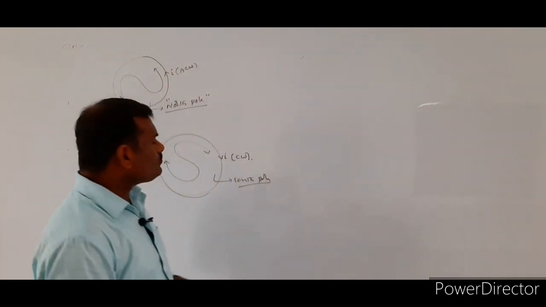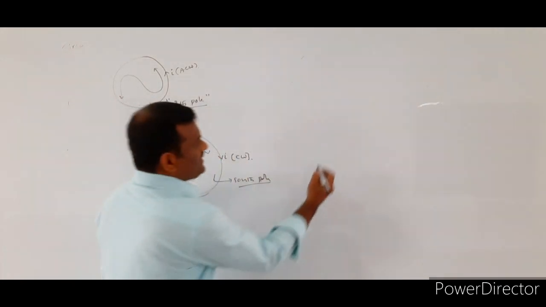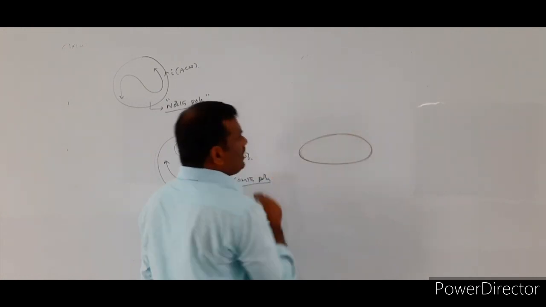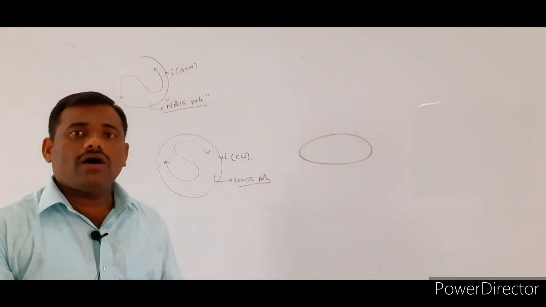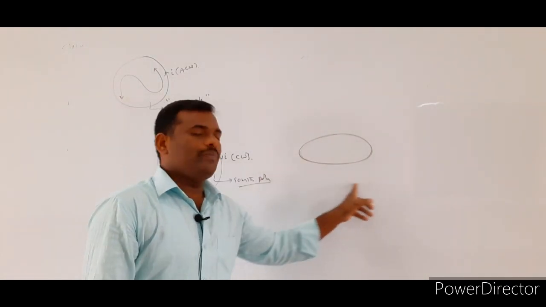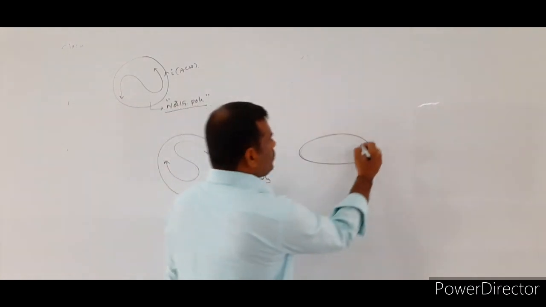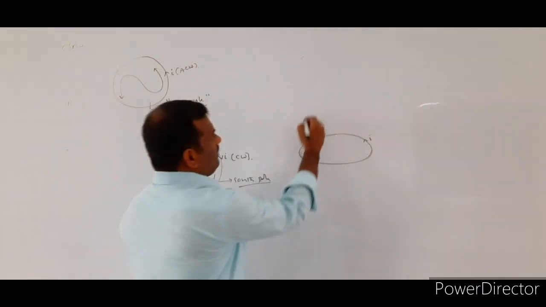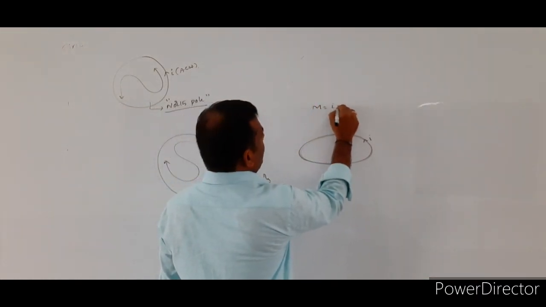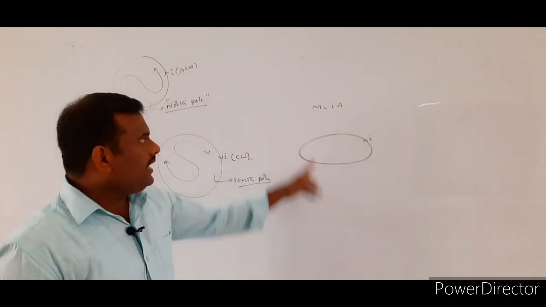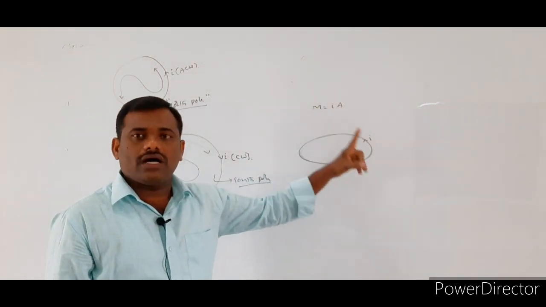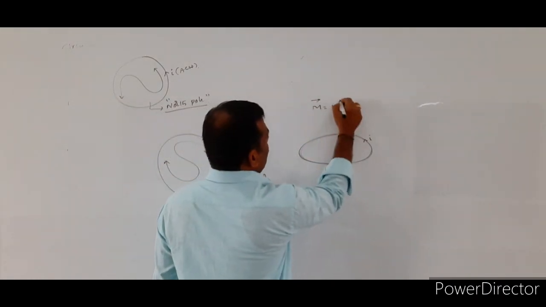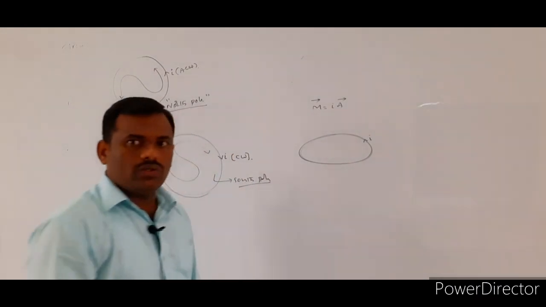Moreover, consider a circular current carrying loop placed in the horizontal plane, through which a current I is flowing. We already wrote that magnetic moment is equal to I into A. Here magnetic moment is a vector quantity: M bar equals I into A bar.